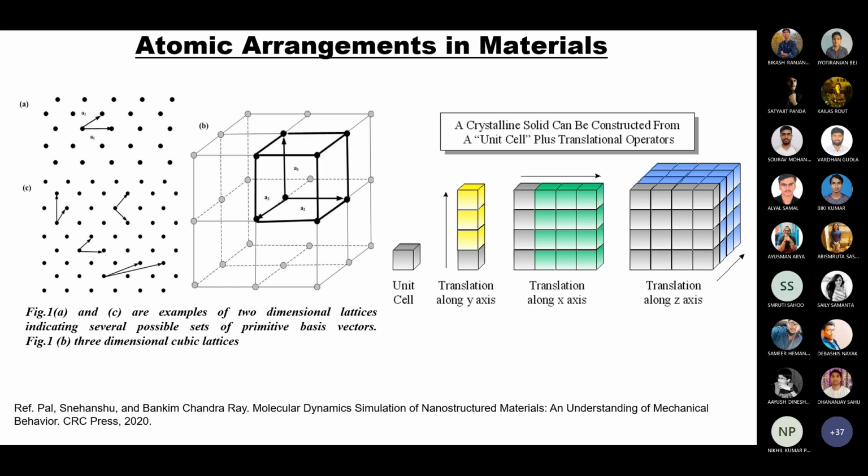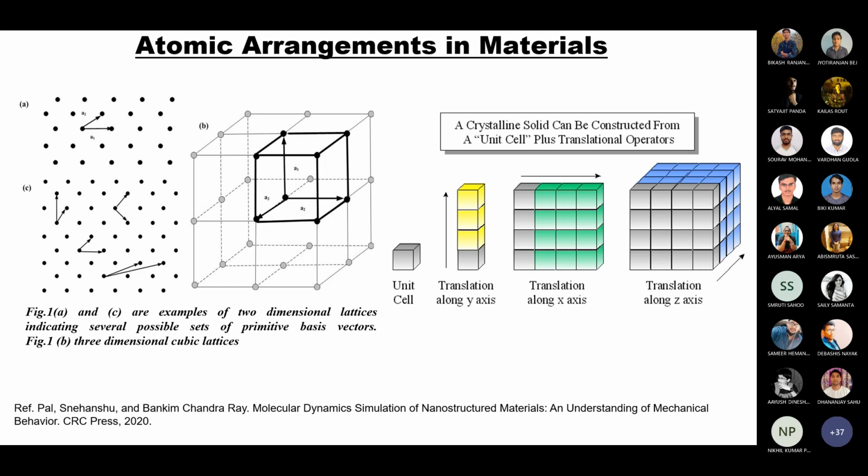Now if you want to know about a unit cell, what should the unit cell be? What does a unit cell mean? If you want to create a unit cell, you should remember the following things.